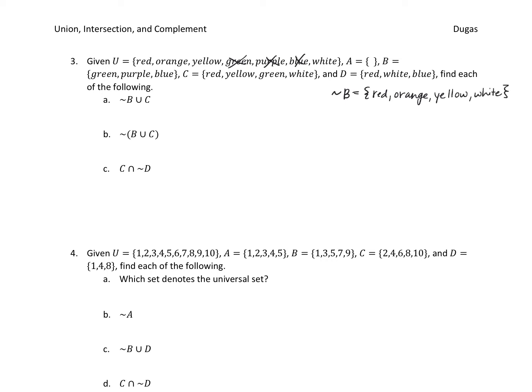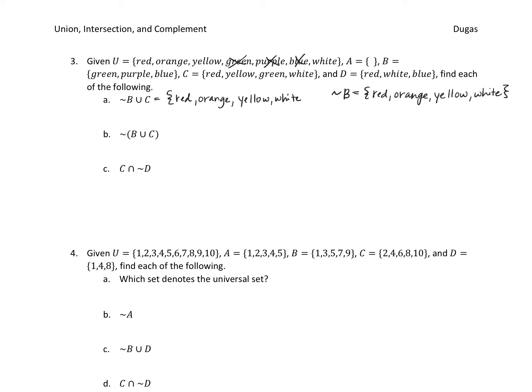Okay. Now I want to use that and combine that with C as a union. So since it's a union, I can write down everything that's in B complement. So that would be red, orange, yellow, and white.